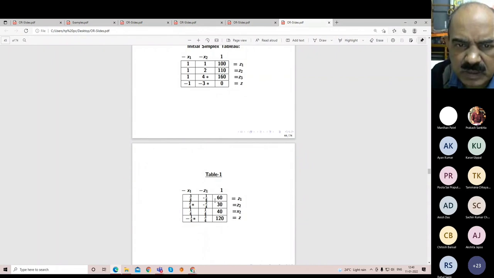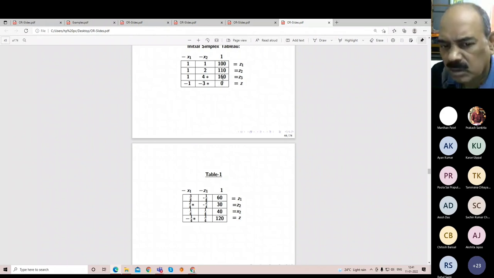So it is 60. Then for the second row, third column element, 4 into 110, 440, minus 2 into 160, 320. So ultimately we have 120 divided by 4, that is 30. So it is 30. Then this element, third row, third column, you already computed, no need.